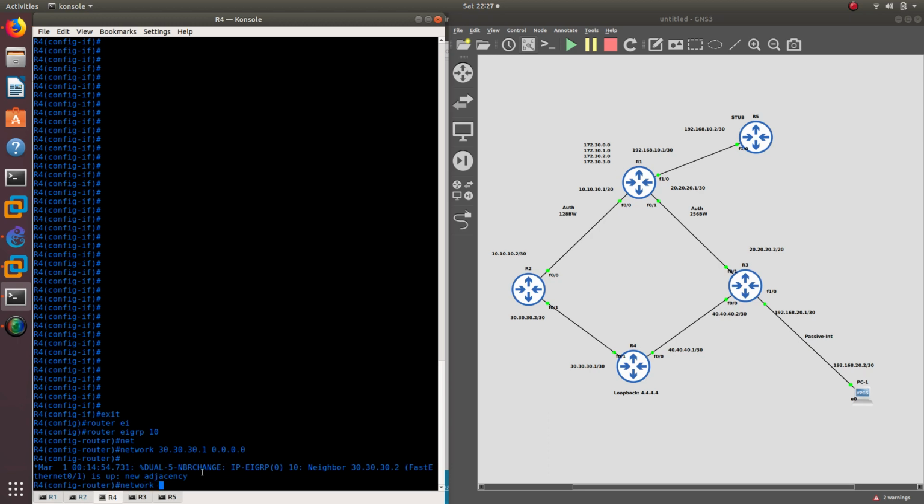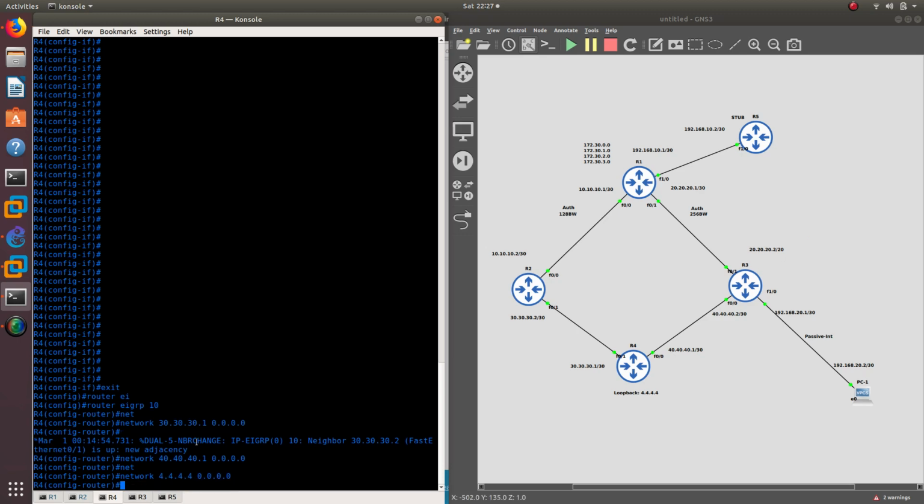As you can see, we have formed a relationship, working great. Let's do 40.40.40.1. Great. Now let's add the loopback address, which is network 4.4.4.4. All right, we have added the three IP addresses that needed to be done on router 4.